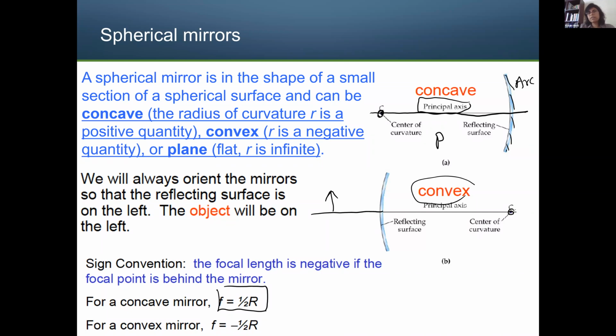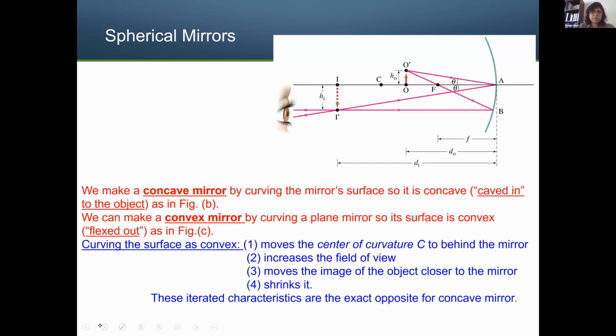The radius is basically the distance from the mirror to your center, right? If you take half of that, that will be the focal point. Now, the focal point for the concave mirror is positive, but the focal point for the convex mirror is negative. Okay, so keep those in mind.